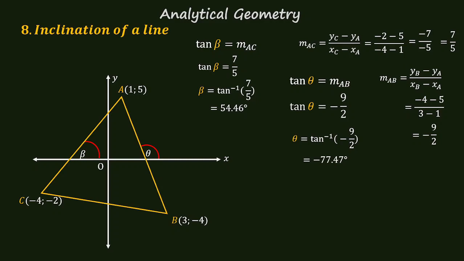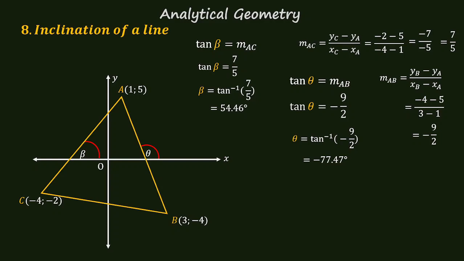Whenever you are calculating the inclination of a line or the angle of inclination, your answer must always be positive. Your answer must always be a positive value. So if you get a negative value, you need to add 180 degrees so that that value becomes a positive value.